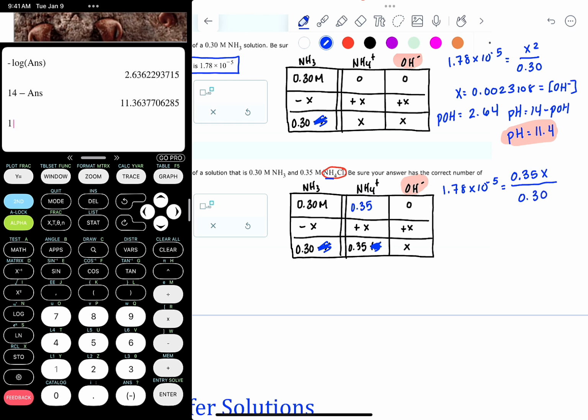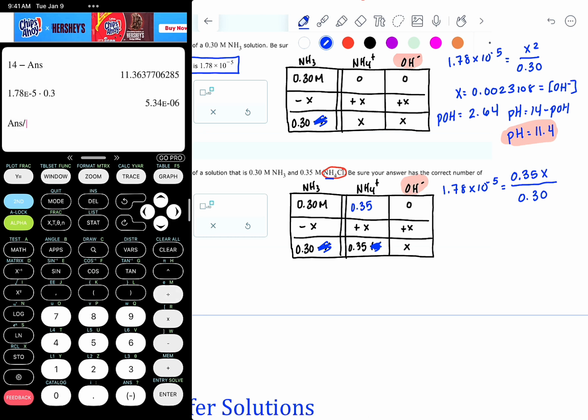So we start off the same way, 1.78 times 10 to the minus 5 multiplied by 0.3. And now instead of the square root, we're going to divide by 0.35 to isolate x. So we get that x is equal to 1.53 times 10 to the minus 5, and that's our new OH minus concentration.